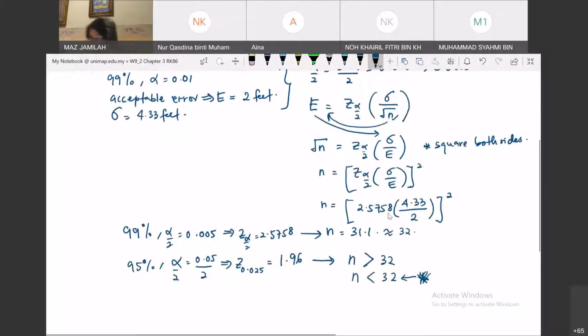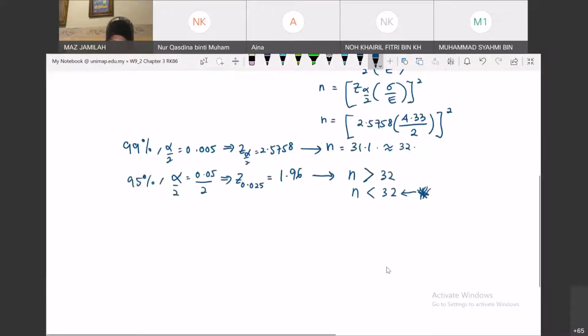Now, example 3.5, I think you can look at it on your own. Let us look at one exercise in your textbook on page 84, exercise 3.3.